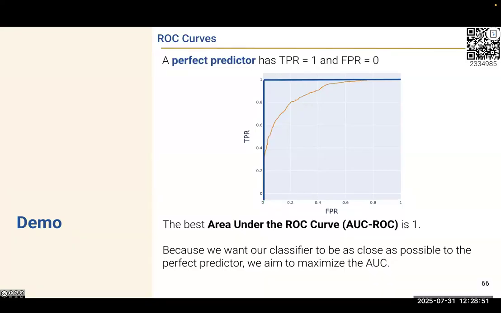The perfect predictor is going to have an area under this ROC curve of 1. This is called the AUC ROC, area under the ROC. Kind of awkward to say, but the perfect predictor is going to have an AUC ROC of 1.